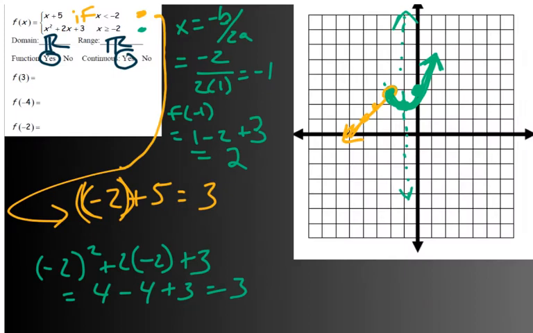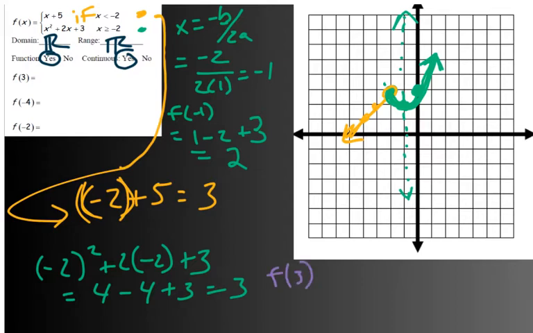And then just using the graph to answer a few function questions, if I went to 3 out here, and I wanted to figure out what the value of the function is at 3, I would just plug 3 into the x squared part. I don't know if I have enough room down there, so I'm going to do this here.